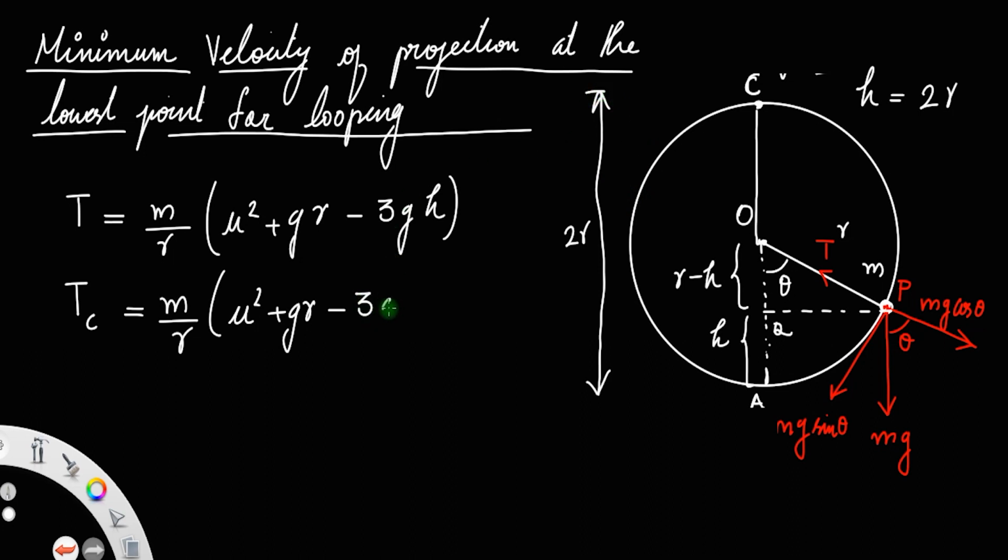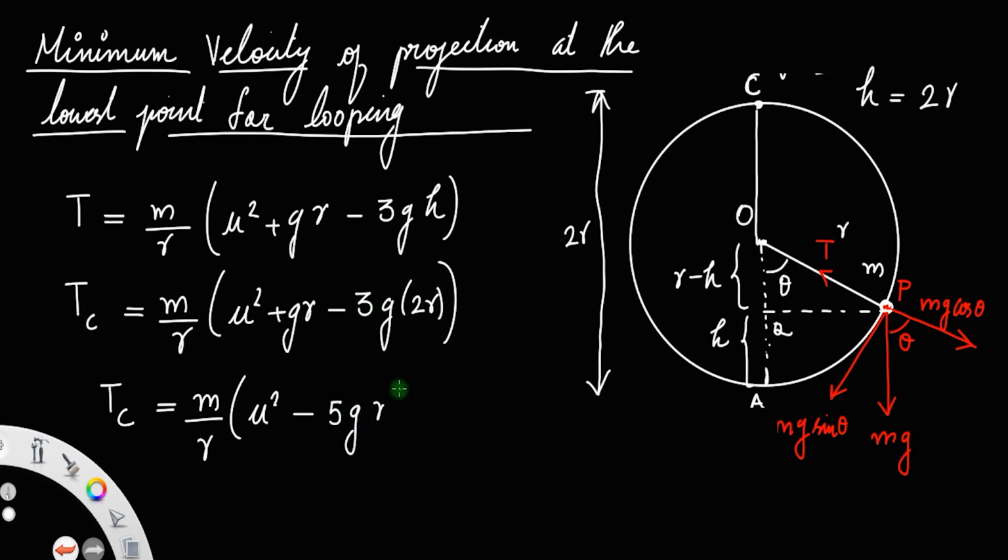So this will be 3g times 2r. So the tension at the maximum height will be m by r times u square plus gr minus 6gr, so minus 5gr. Clear? 3 times 2 is 6, so gr minus 6gr is minus 5gr. So this is the tension at the highest point. Let's call that equation number 1.